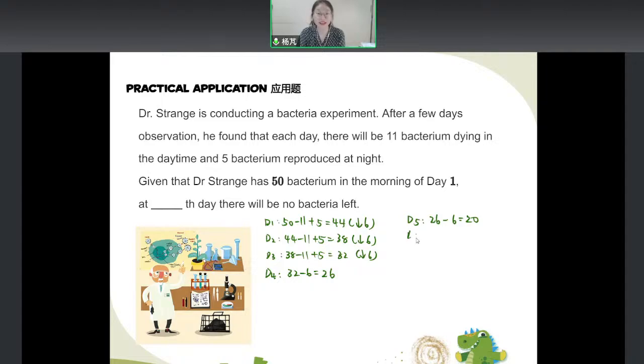Day 6, 20 minus 6 equals 14. Day 7, 14 minus 6 equals 8. Then, is there any problem? What is the problem? Can you find out if there is some mistake?